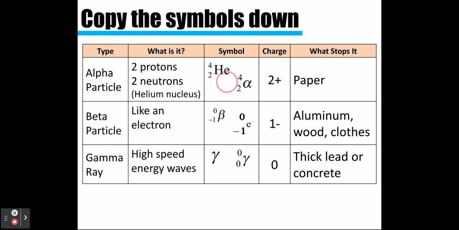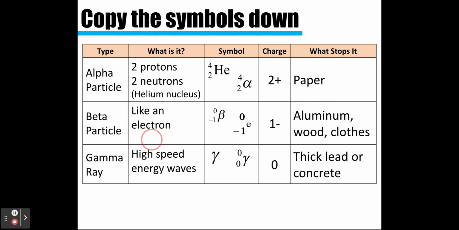The other way you can symbolize it is, instead of having He for helium, you can have the alpha symbol, the first letter of the Greek alphabet, alpha. So you can have this as well. And it has a 2 plus charge because of the two protons, and it can be stopped by paper.